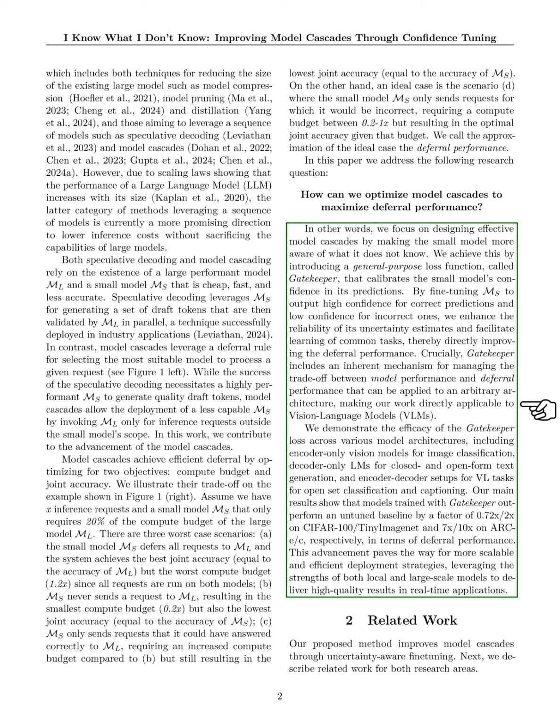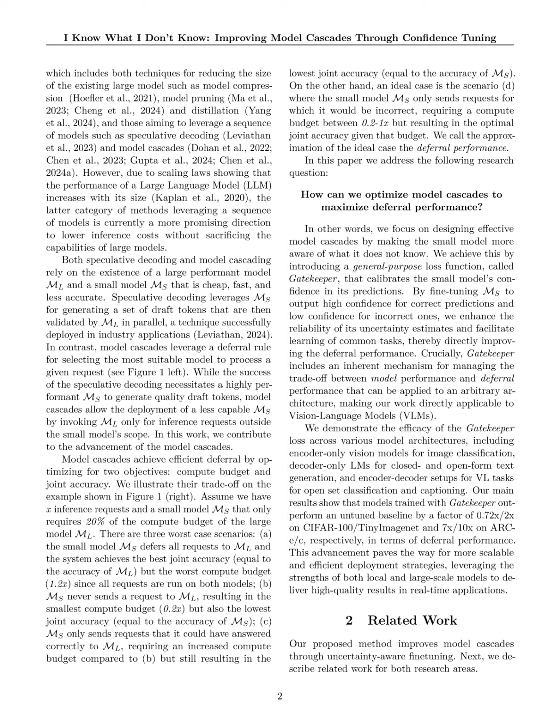We demonstrate the effectiveness of the Gatekeeper loss across different model types, showing that models trained with it significantly outperform untuned models in terms of deferral performance. This progress opens up new possibilities for deploying models more efficiently, combining the strengths of both small and large models to achieve high-quality results in real-time applications.